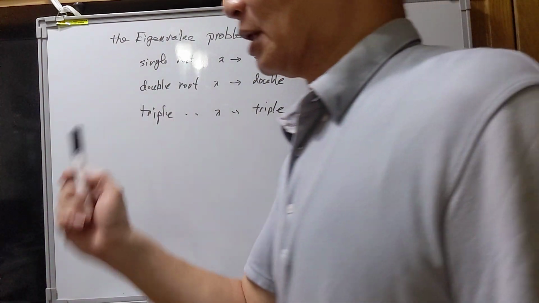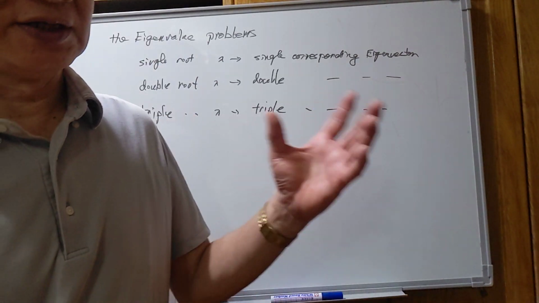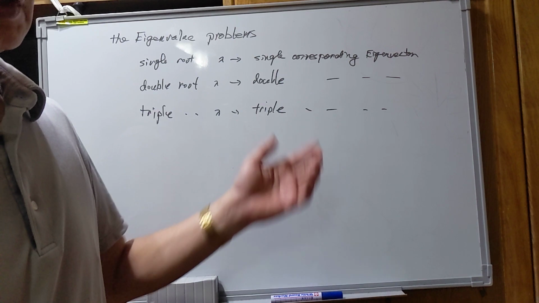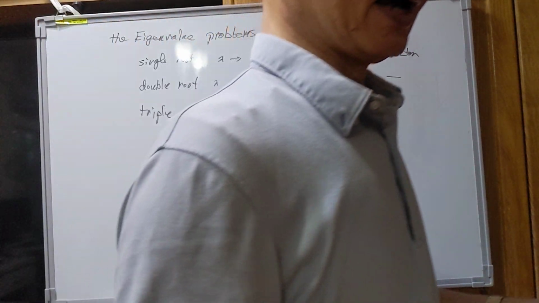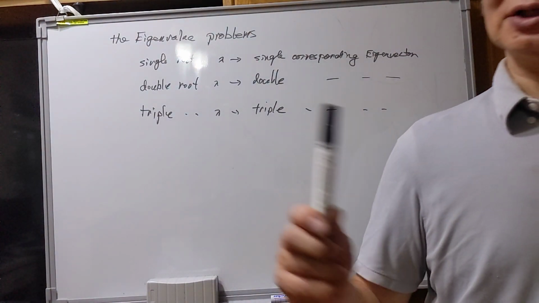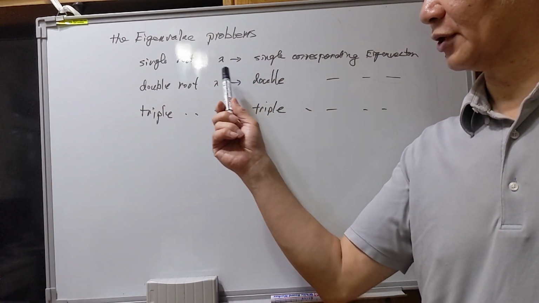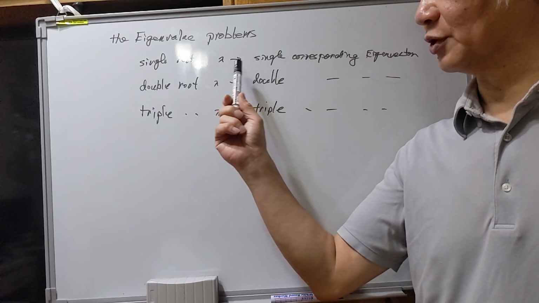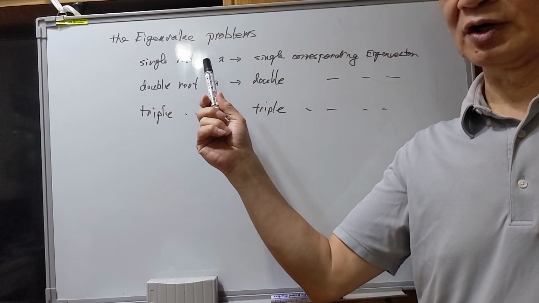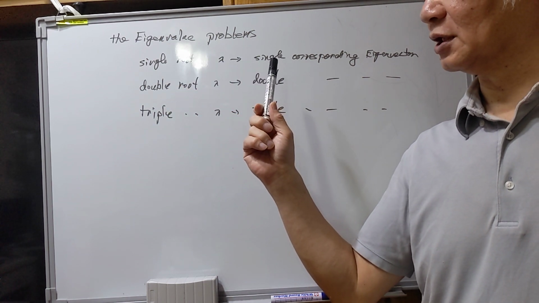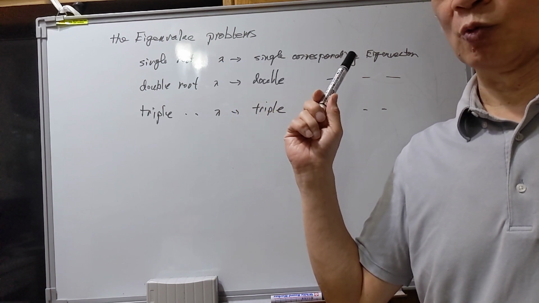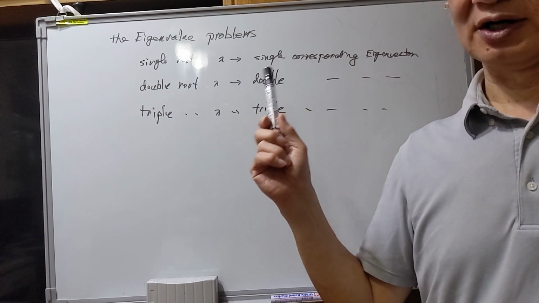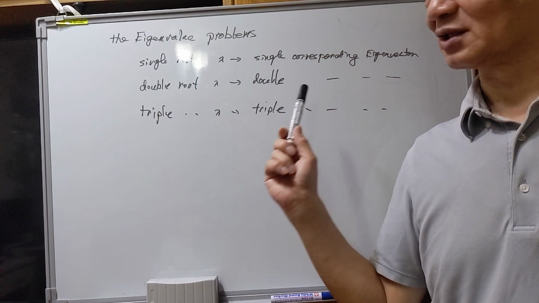So for different cases, we can find a different number of eigenvectors. It depends on the characteristic of the eigenvalues. Remember, if the eigenvalue is a single root, you can find one independent eigenvector. Double root, you can find two independent eigenvectors.